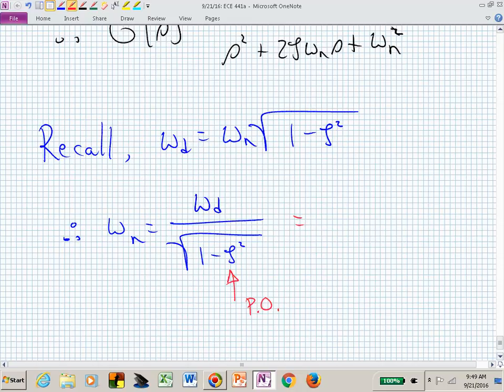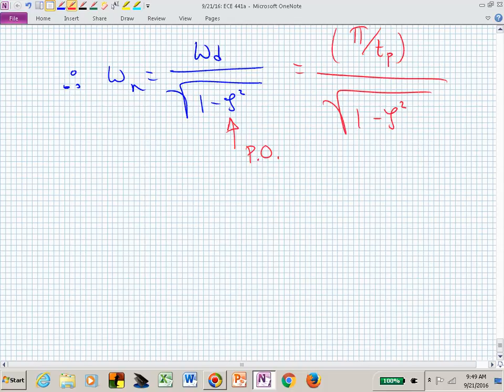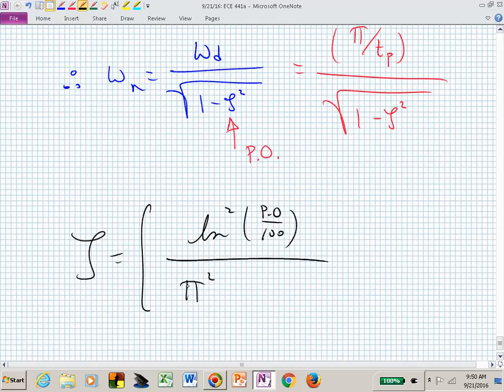We found that from the peak time. So this is pi over time to peak times the square root of 1 minus zeta squared. And maybe this should be our third cheer. What's our third cheer? Zeta is equal to, oh, this is too long of a cheer, but it's ln squared of PO over 100 over pi squared. Pi squared's a nice cheer. How much is that in round terms? 10. So pi squared is 10. If you need to make change or do something quickly and somebody says pi squared, just substitute 10.